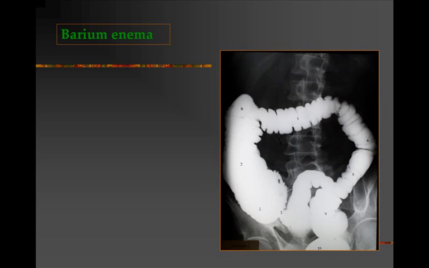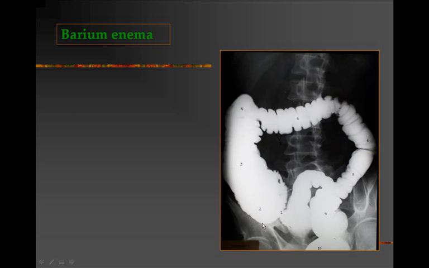Another type of contrast X-ray that can be done for the gastrointestinal tract is a barium enema. In this particular instance, barium contrast material is introduced through the rectum to fill the large intestine. This example here shows the different parts of the ascending, transverse, and descending colon along with the rectum.